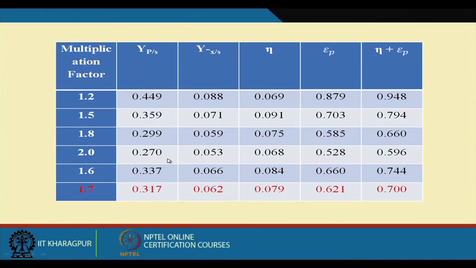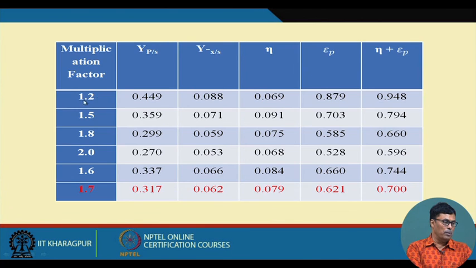So maybe due to some experimental error we get some erroneous result here. What we have done is multiply the substrate concentration by different factors like 1.2, 1.5, 1.8, 1.6, 1.7, and try to find out what factor gives us the epsilon p value of 0.7.